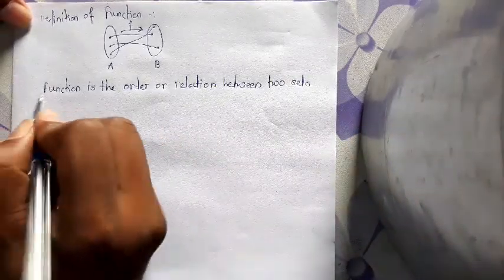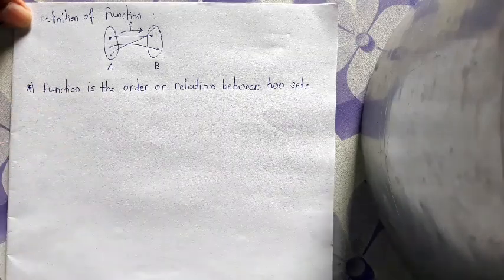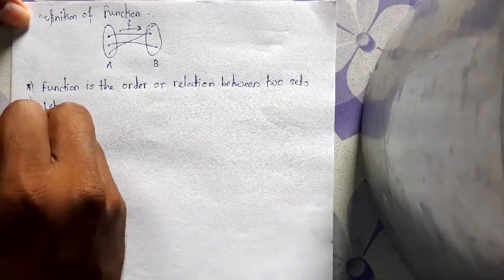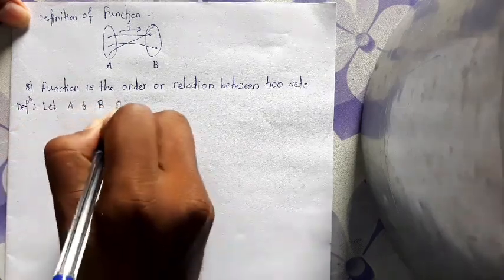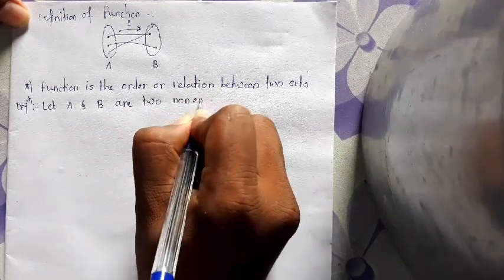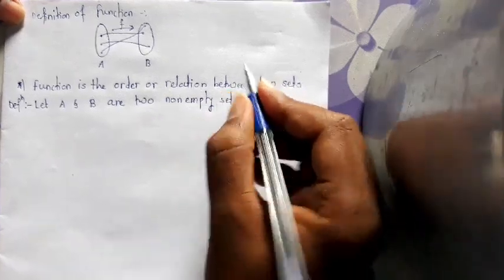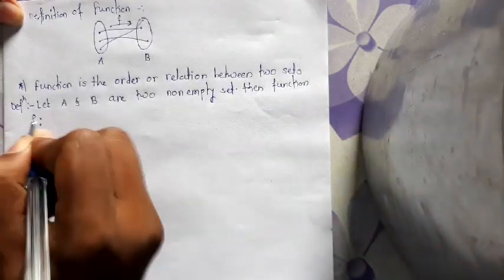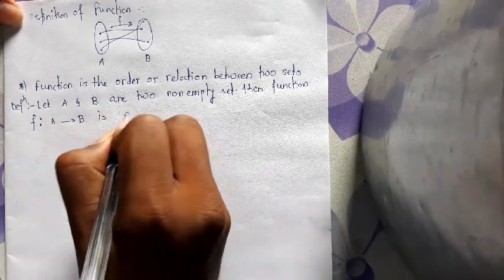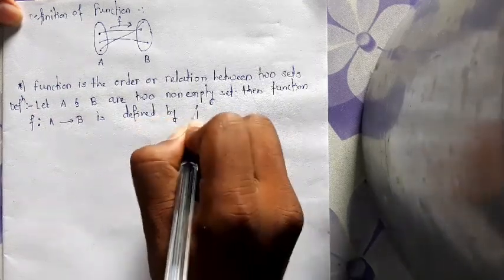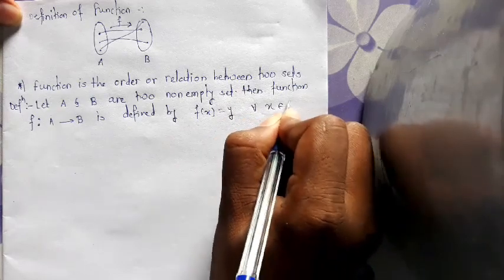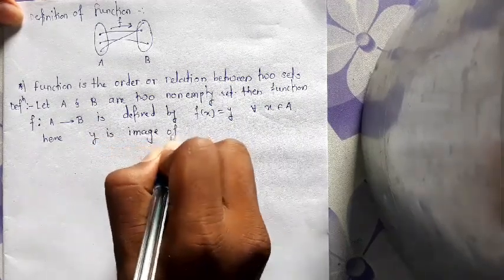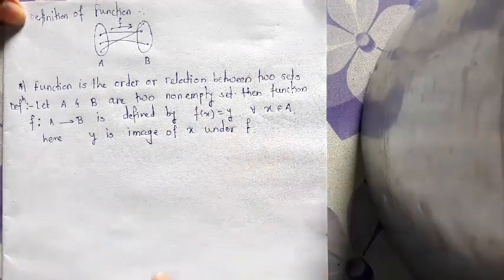Now the mathematical definition of a function: let capital A and capital B be two non-empty sets, then a function f from A to B is defined by f of x is equal to y for all x belonging to capital A. Here y is the image of x under f. So this is the definition of a function in a simple way.